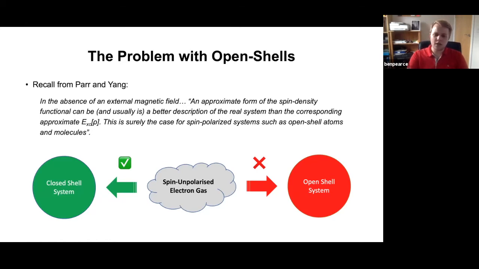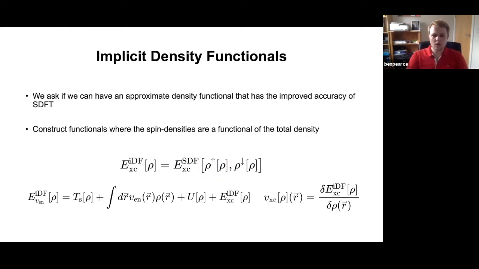So obviously the simple solution would be to use spin DFT, but what we're trying to do here is stay within the realms of DFT, but obtain an improvement in the accuracy for this open shell result. So we asked ourselves, can we construct approximate density functionals that have this improved accuracy of spin DFT?